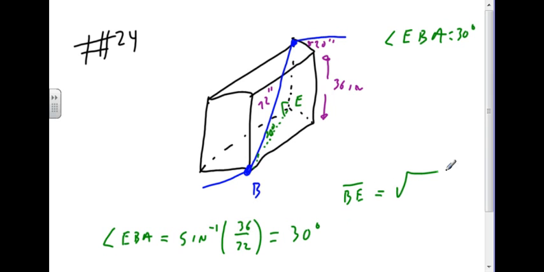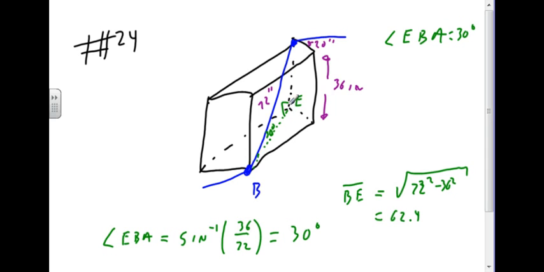That's just the square root of 72 squared minus 36 squared. Square root of 72 squared minus 36 squared, 62.4. I know that this is 62.4.